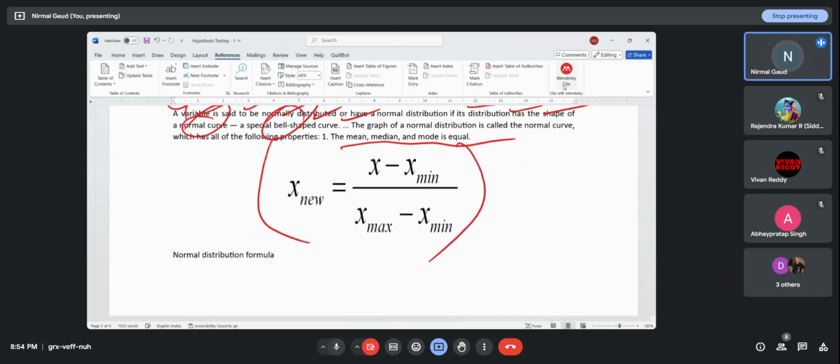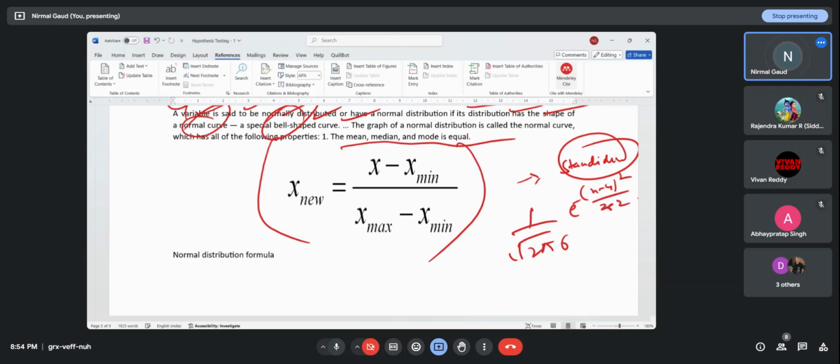Okay, x new, that means new value of x, is calculated as x minus x mean upon x standard deviation. This is the standardization formula. However, the formula for normal distribution I have written many times: 1 upon under root of 2 pi sigma, e to the power minus (x minus mu) whole square upon 2 sigma square.